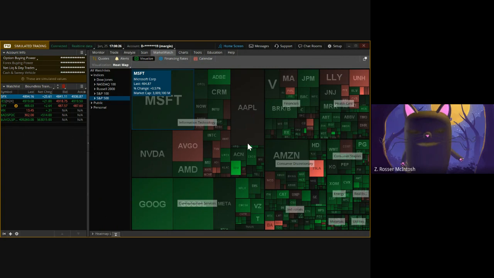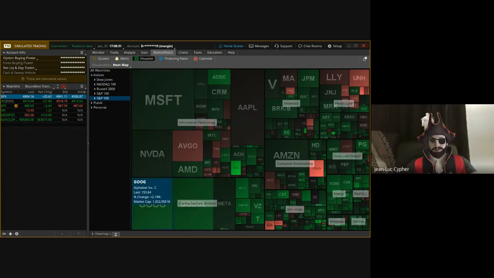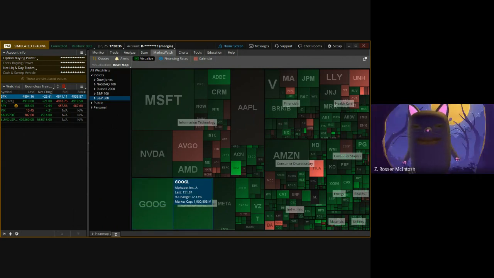Dang. Now you can see on the bottom left, Google, there's two Googles. Is there Alphabet? And no, there's Alphabet A and C. Yeah, so the A stock, that's the preferred stock. That means that if you own Google, for every share, you get one vote on any issue that's a shareholder vote issue.